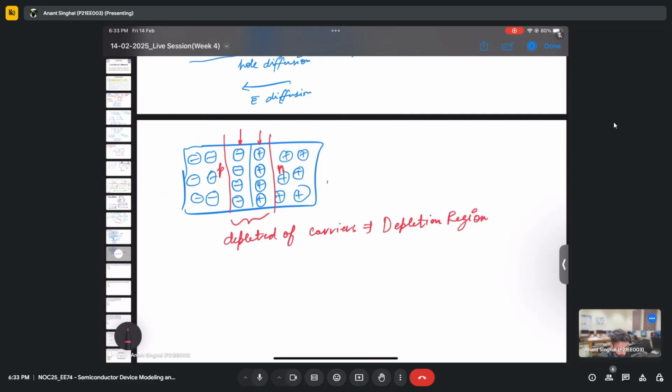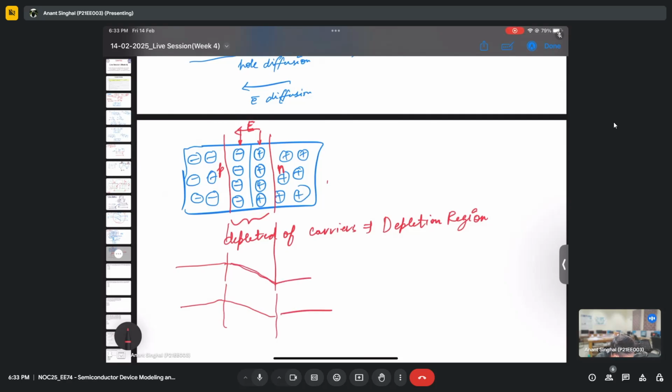So the net positive and negative charges in the n and p regions induce an electric field, which is from higher potential to lower potential. That is what we discussed in the previous class. That is why at the junction, I just made this band diagram, and you see this band bending.